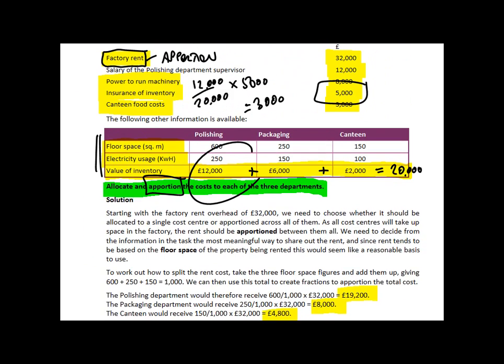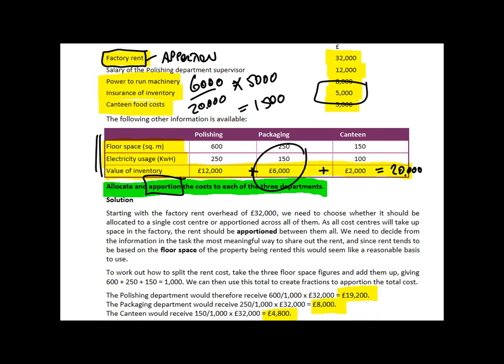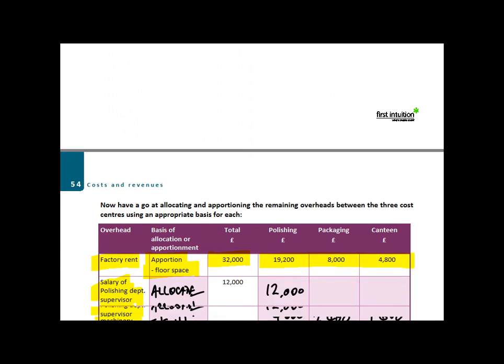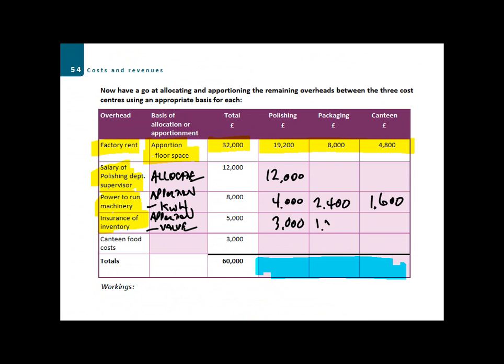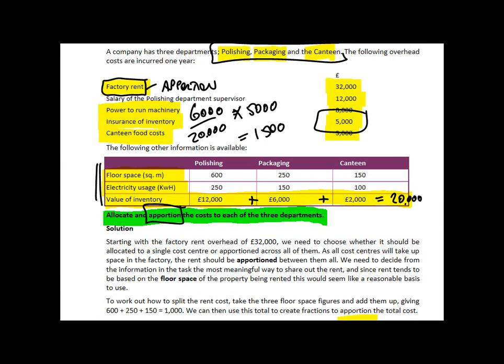I then need to consider packaging. Well, packaging, they've got £6,000 worth of the inventory out of a total of 20,000. Now 6,000 out of 20,000 is 30%, so they'll get 30% of the 5,000 cost, which gives them £1,500 worth. That can apportion into their column. And then to finish off the insurance cost, we've got the canteen.